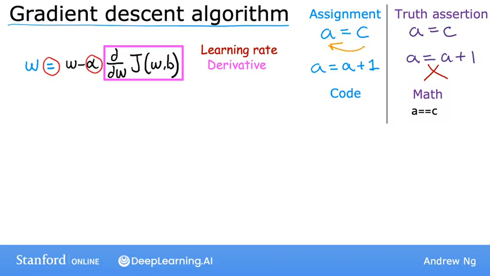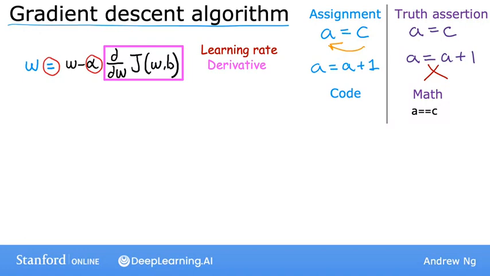Now, I do want to mention that derivatives come from calculus, and even if you aren't familiar with calculus, don't worry about it. Even without knowing any calculus, you'll be able to figure out all you need to know about this derivative term in this video and the next.